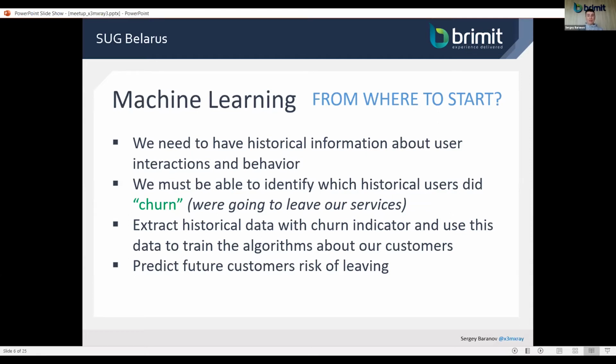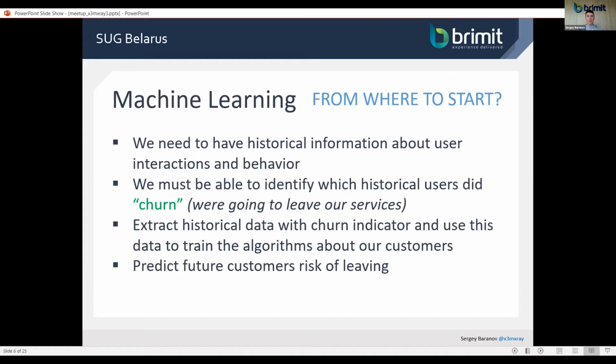The second main thing is that we must be able to identify which of our historical users are churning. And sometimes it's not so easy to do, because it's not easy to say that this customer is going to leave our service. Maybe he already left our business.